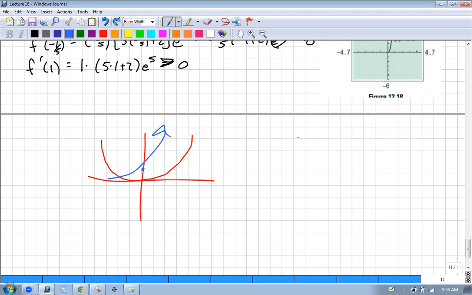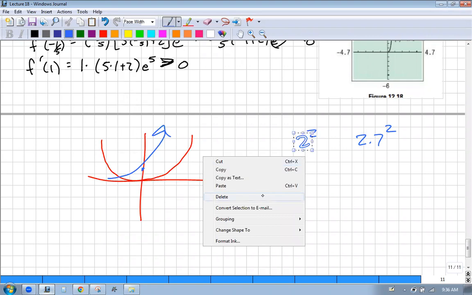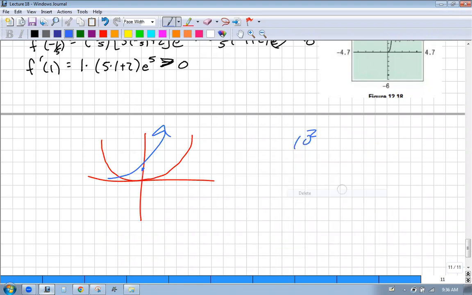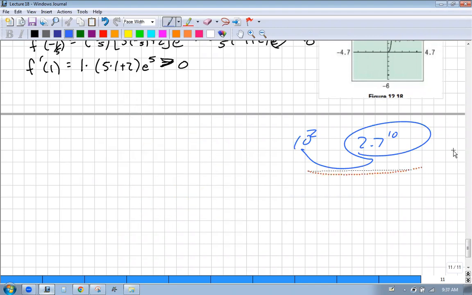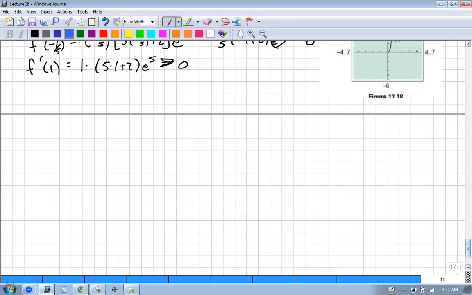If you plug in a 2, right? 2 squared versus, again, e is 2.7, right? Squared, I mean, those are kind of close, but once you get to like 10 versus 2.7 to the 10th power, this is huge compared to 100, isn't it? So just by the time you get over here to 10, this guy is off the screen, right? So the graph of this thing is dominated by the exponential portion, okay?